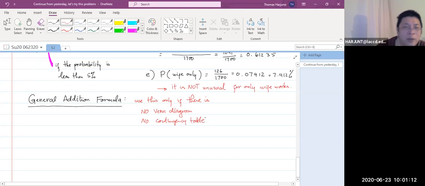Well, even if you have a Venn diagram or contingency table, you can still use this general addition formula. However, it would be overkill.